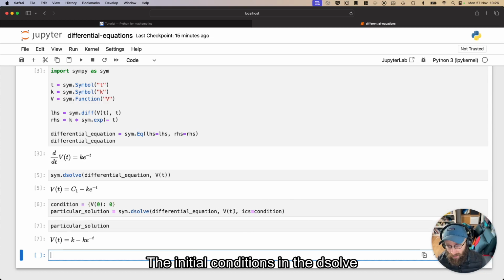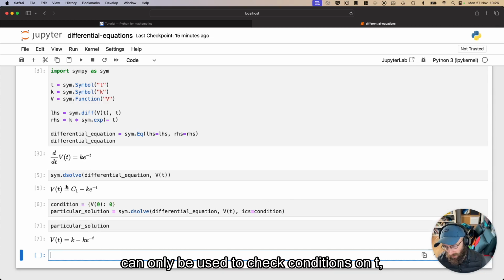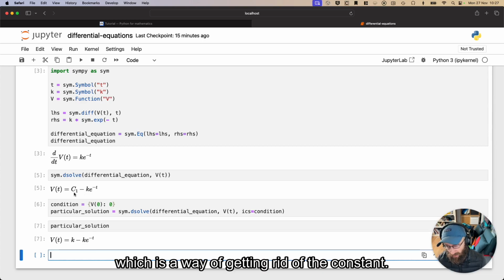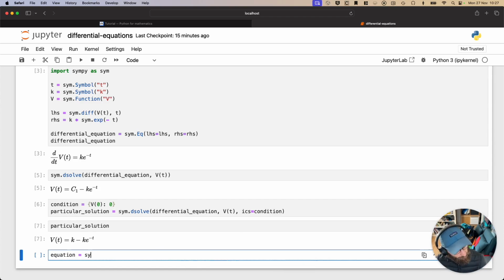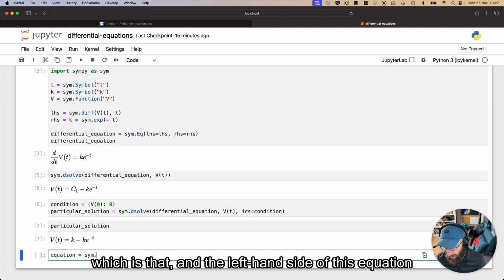The initial conditions in dsolve can only be used to check conditions on t, which is a way of getting rid of the constant. So let's go ahead and write out our last condition, which is an equation.